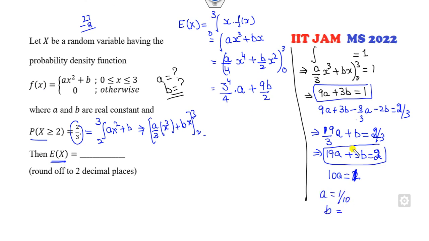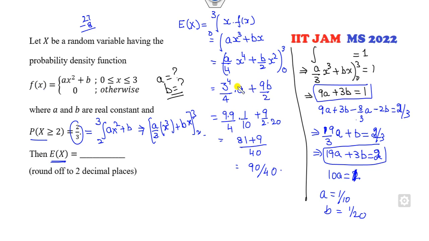Fine. So what is b? If I substitute here, b is 1 over 20. So substitute here, it's 9 to the 4 over 4 into a. a is 1 over 10 plus 9 over 2 into 20. So you can see 40 is the LCM. It's 81 over 40 plus 9 over 40. So what is that? 90 over 40 is the right answer of this problem.